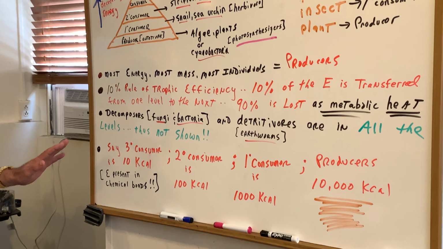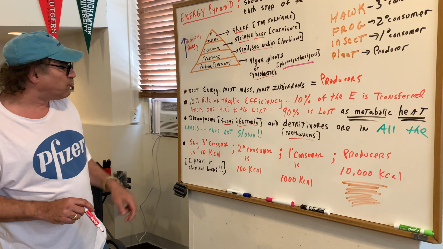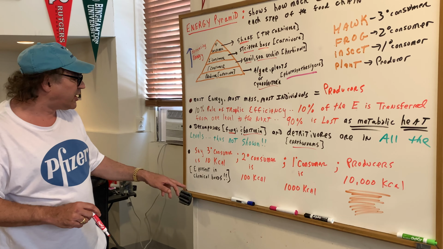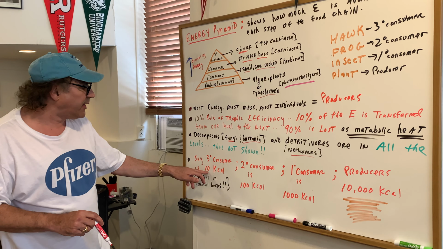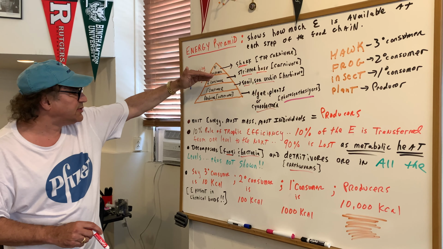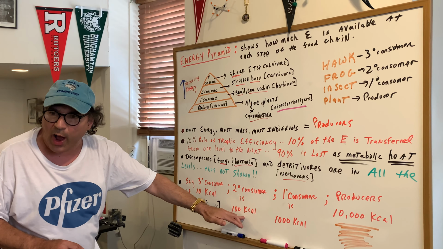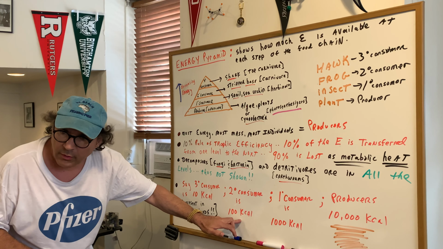Now, let's do a concrete example of how to use the 10% rule. Say the tertiary consumer has 10 kilocalories at this level. Now, as you can see, as you're going down, the secondary level would be what? 100.